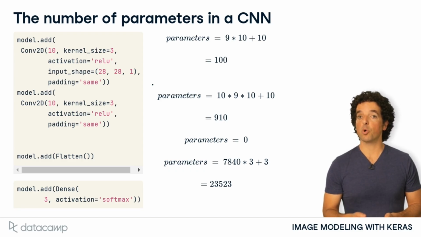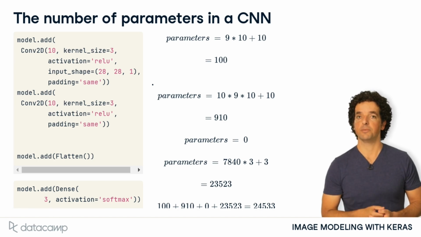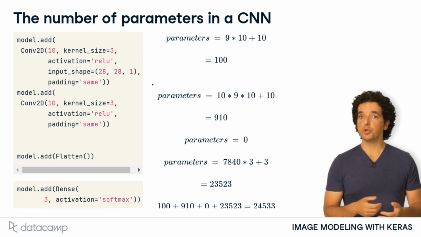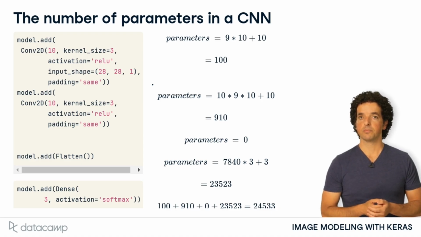With 10 feature maps, or 7,840 pixels in total, times 3 units in the last layer is 23,520, plus 3 bias terms is 23,523. Adding together, we get 24,533. So convolutional layers don't necessarily reduce the number of parameters. Let's look at another example.